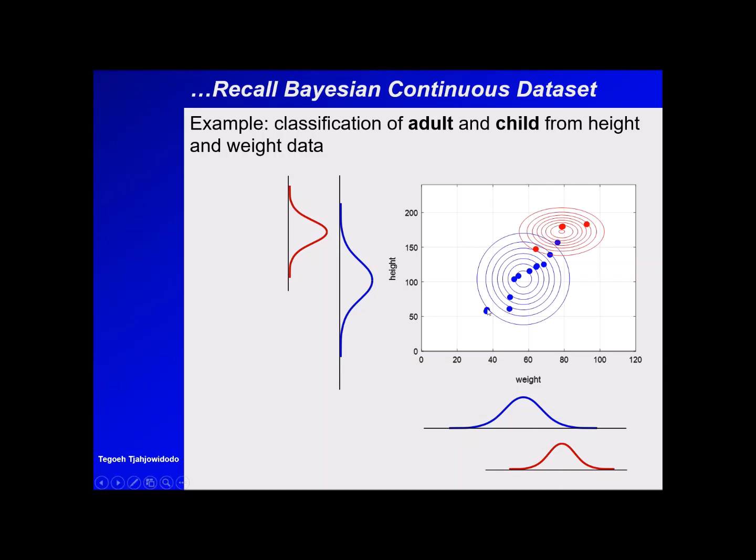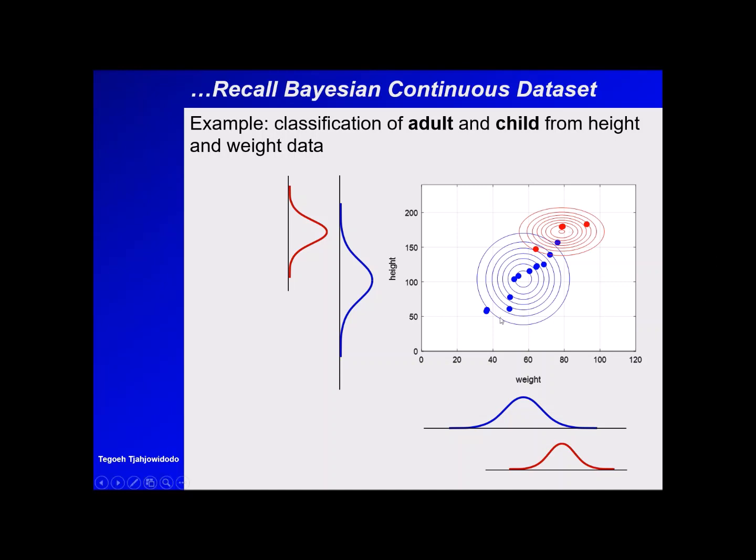We had a collection of data from a group of children and a group of adults. We collected the weight and the height of the individuals, of the children and the adults. If you still remember this story, there were a few samples of children with all of the weights and heights, and a few data of weights and heights of adults, right?